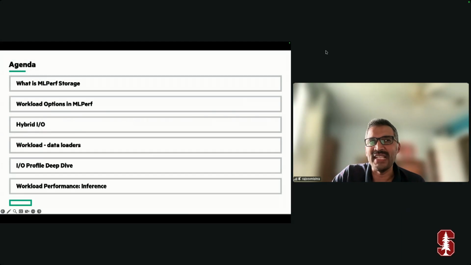So my agenda will be to zoom through the MLPerf storage workload options we have, then hybrid IO, just a hint of that, and then go deep into the workload data loader and its IO profile. Then I will talk about the test I did with hybrid and non-hybrid and what the results were.